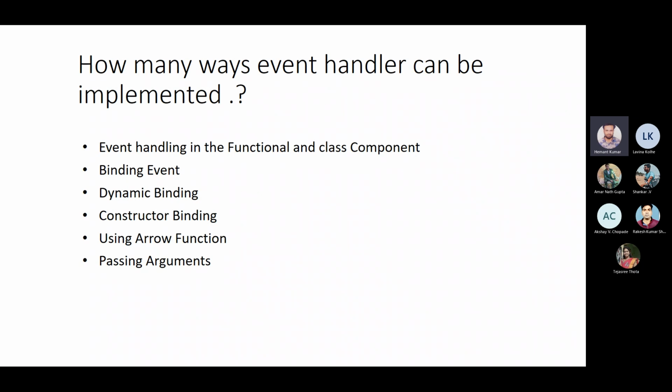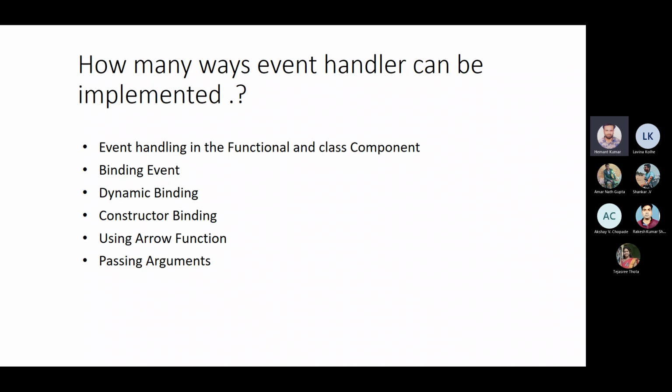That is event binding. There are two types of binding the events: one is dynamic binding, and the other is constructor binding. You can bind the event handler in the constructor. And there is one more way where we bind at the time of calling the event handler itself, which is called dynamic binding.